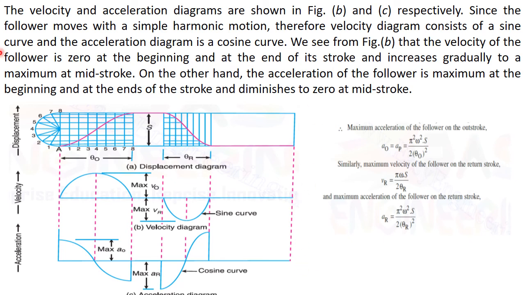It is a very simple diagram, a very easy way to draw the displacement, velocity and acceleration diagram. Here are some formulas related to the acceleration. A naught is the formula for the out stroke, and there is a similar formula for the return stroke velocity and return stroke acceleration.